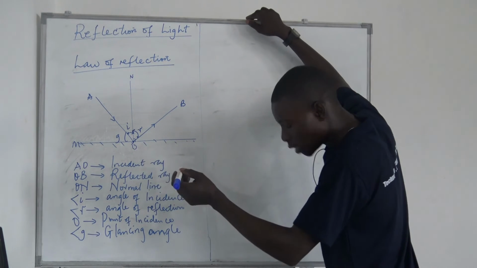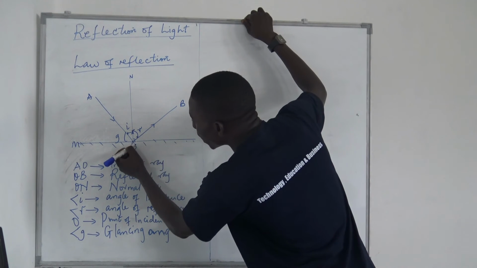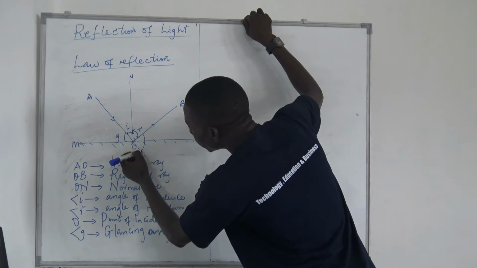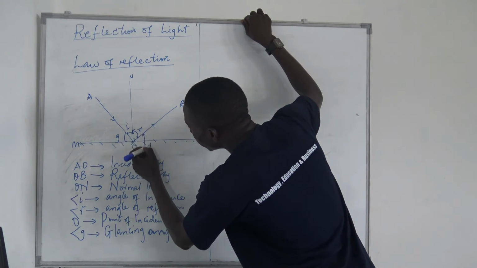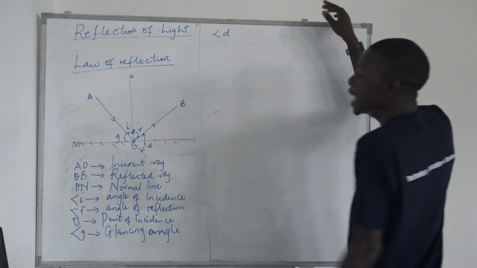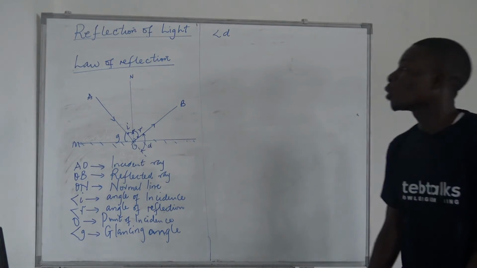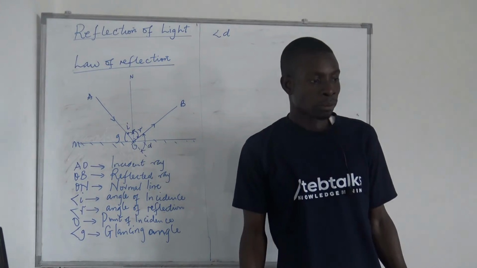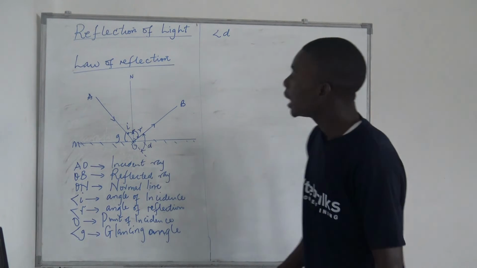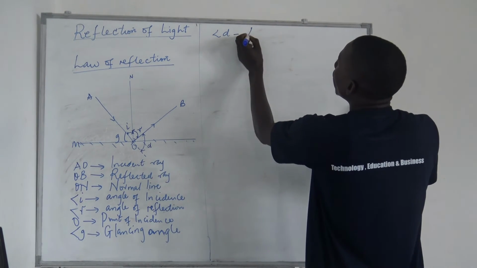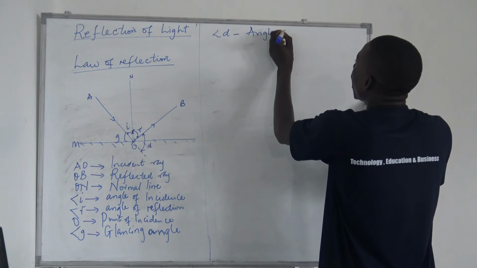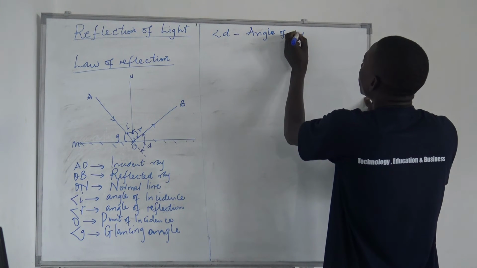And then we can also look at some other thing as angle D. From our diagram, what is this angle D called?